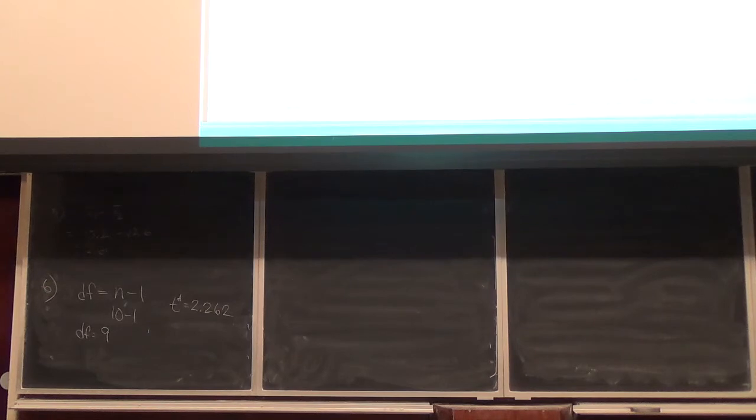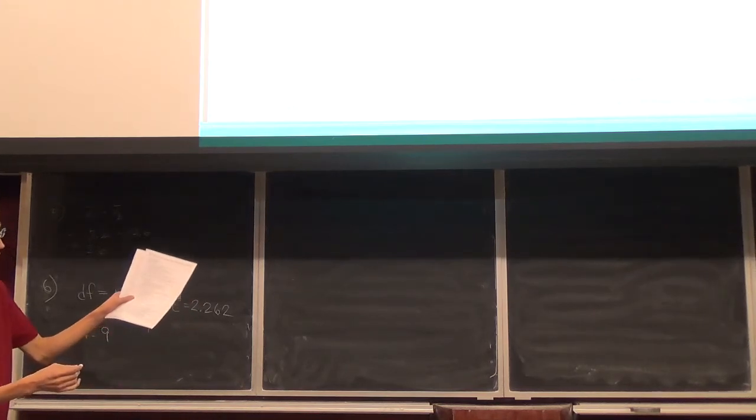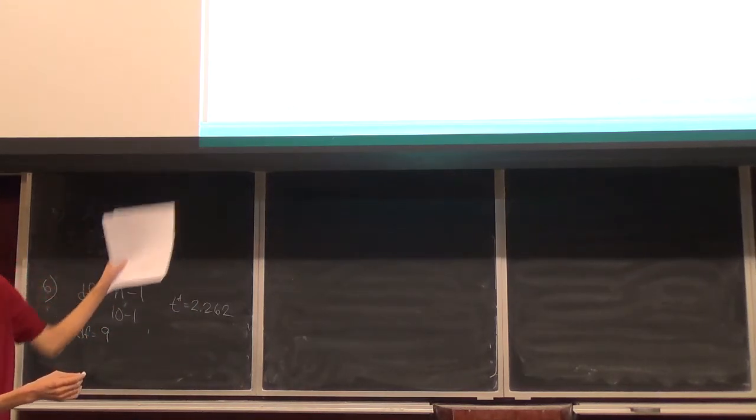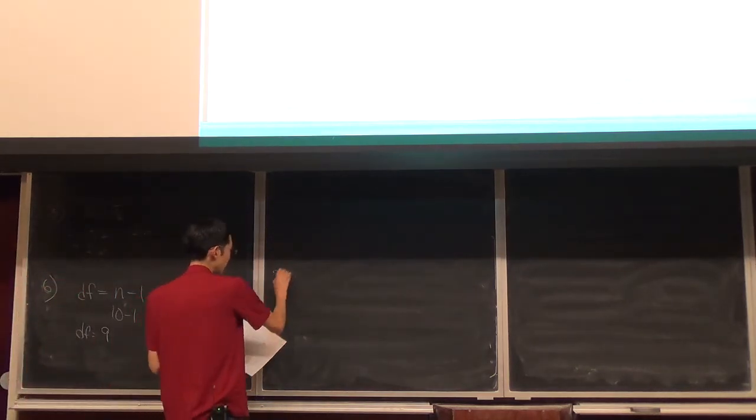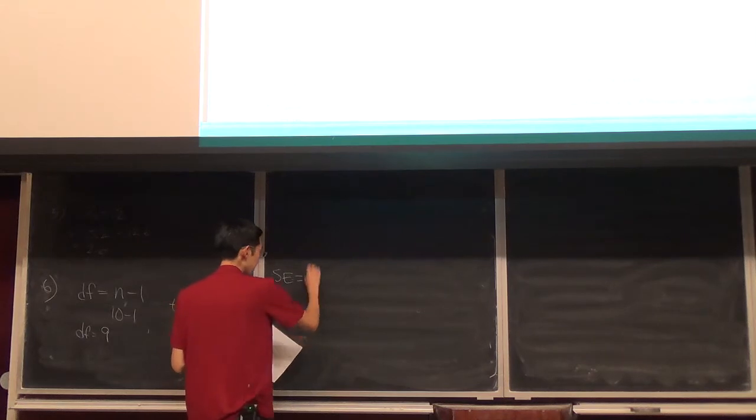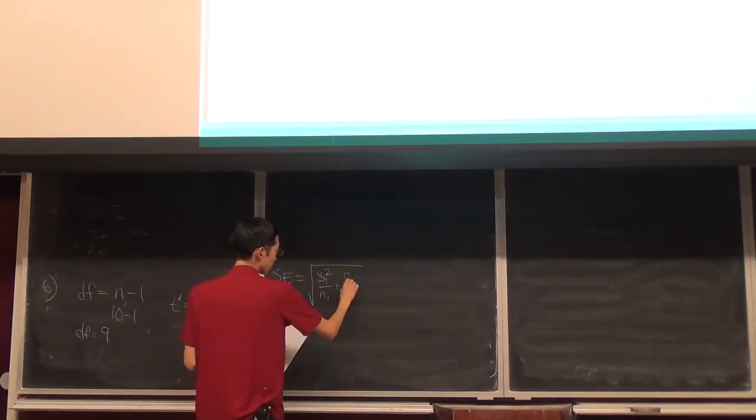What is our standard error? It's number 7. Okay? Again, if you're not sure, you can look at your study guide. It says, what is the standard error? For two sample means, the standard error is given by this equation. S1 squared over N1 plus S2 squared over N2.